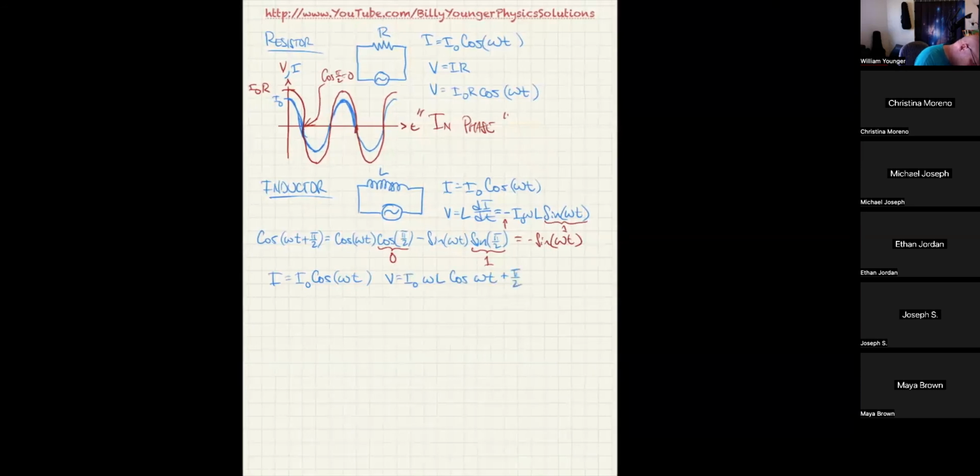pi over 2. Okay, so this shows what I was saying earlier, which is Eli.